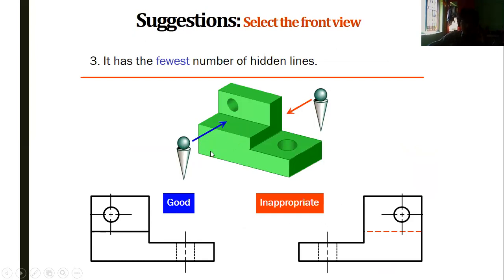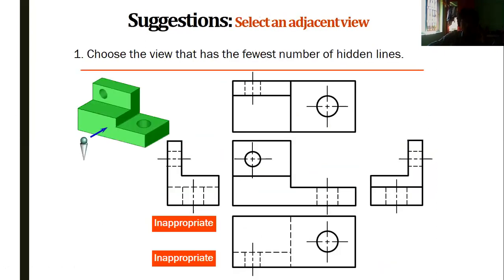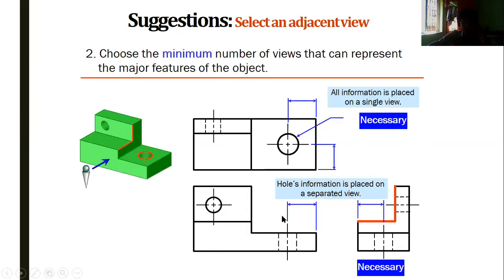So this is the perfect way to draw. And if you choose the views that have the fewest number of hidden lines, then you will select this view, and in this way we can draw these things, okay. And in these, most of the views are hidden, so it is inappropriate. We will not select these views, okay.